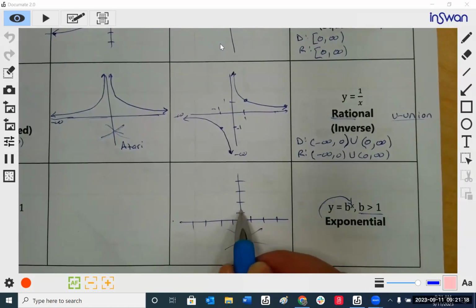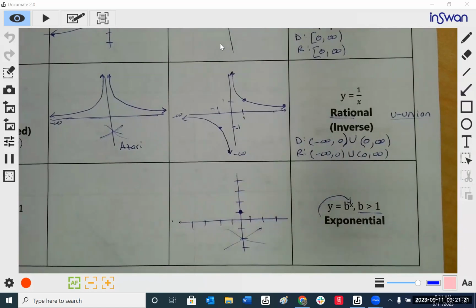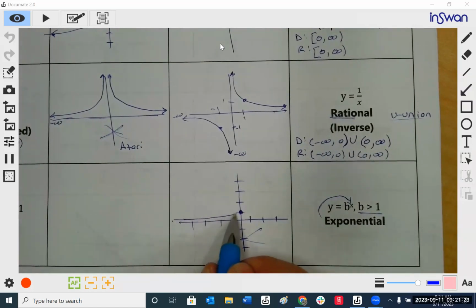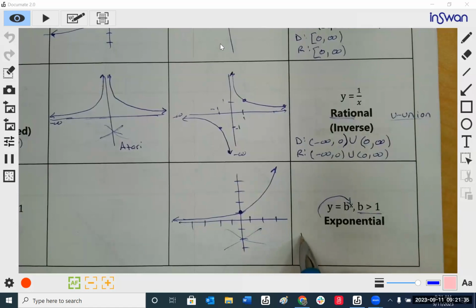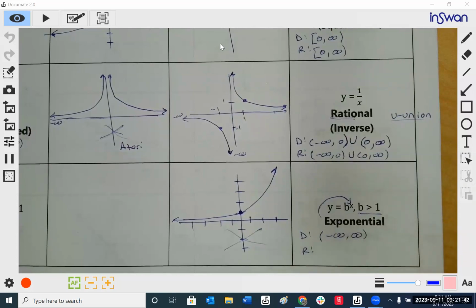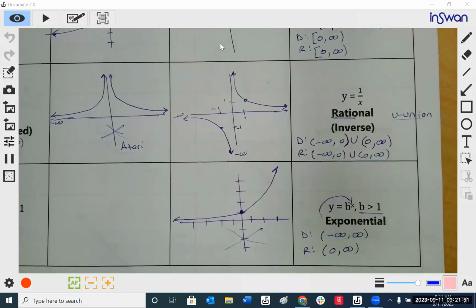It always, always, always crosses through 1. And it's an increasing function. It's like an airplane taking off. So the domain is from negative infinity to positive infinity. The range, you can't get to zero. Only positive numbers greater than zero.